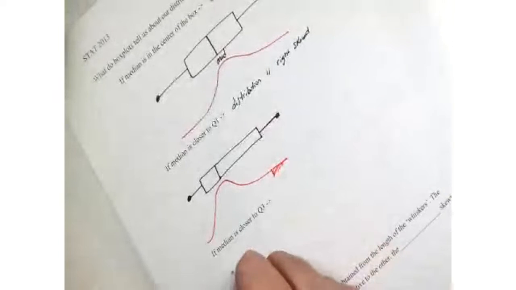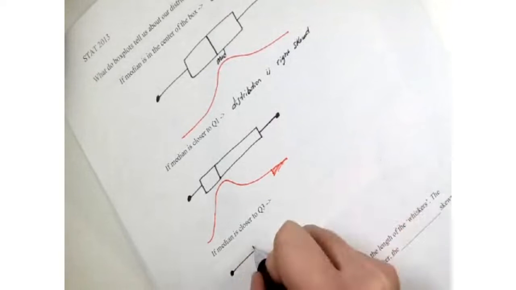Okay. Similarly, if you're doing this, the median is going to be right in the middle, so that is symmetric. And then if the median is closer to Q3, what do you think will happen? Yep, correct.